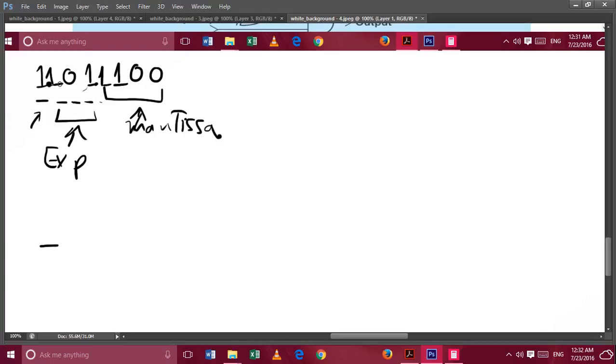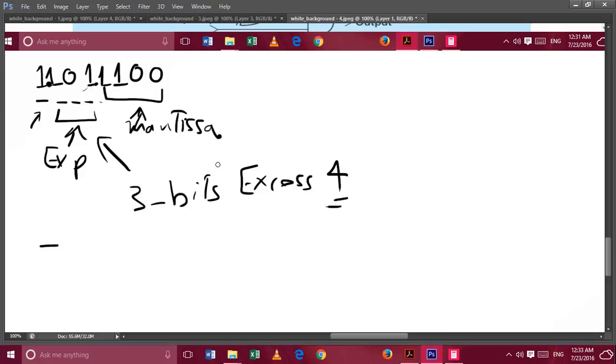Convert this number here in 3 bits excess 4 to its decimal equivalent. That is 5, and the way we convert this is 5 minus 4, because you subtract the excess.